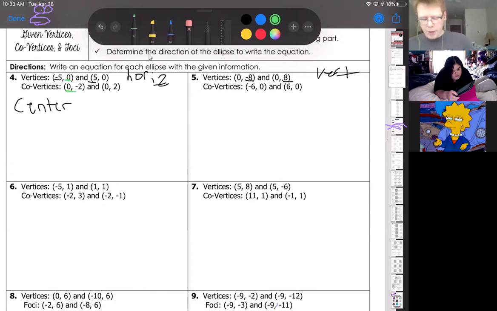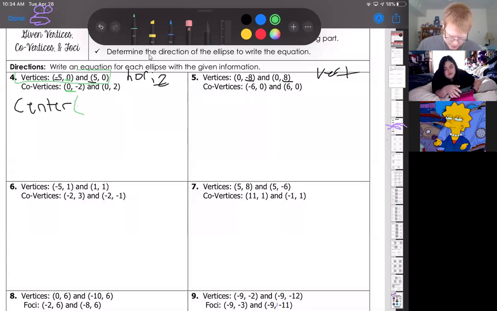Okay, so one way you could find your center, you could either look at your covertices or your vertices. It doesn't matter. If you find the middle between those two values, it's going to get your center. So you could just use the midpoint formula. For example, if I'm looking at my vertices, if I add my x values together and my y values together, -5 plus 5 is 0. 0 plus 0 is 0.